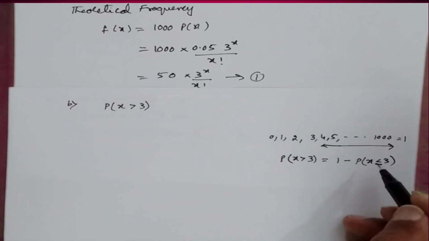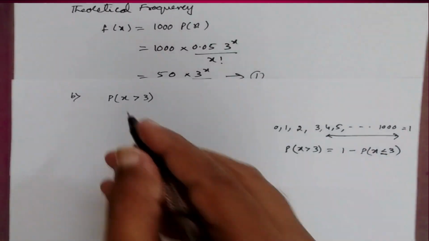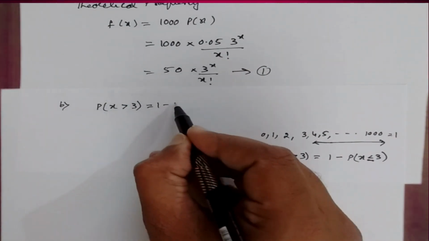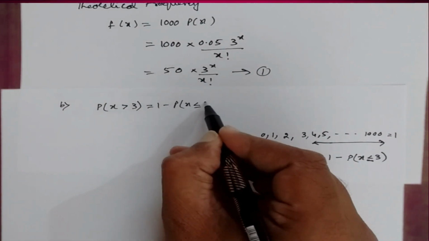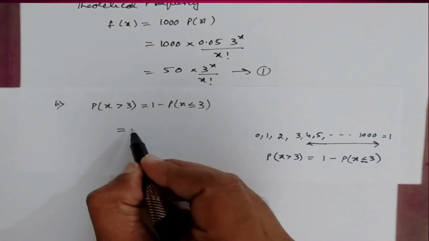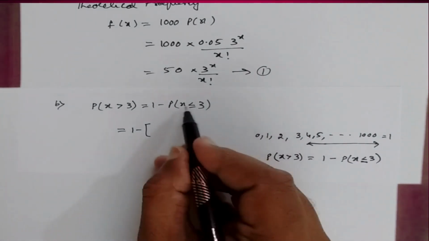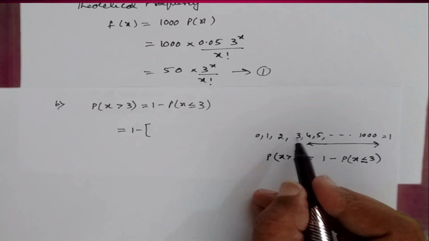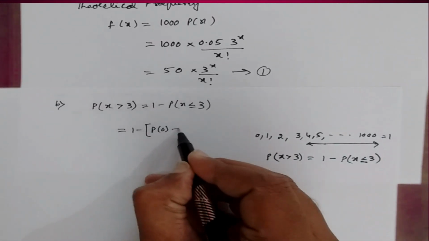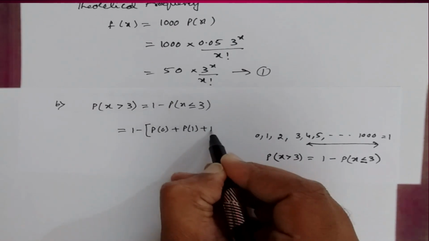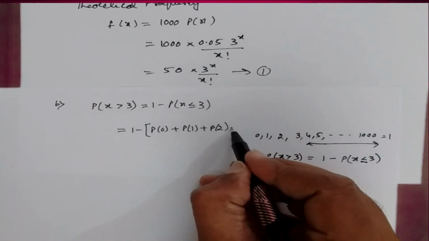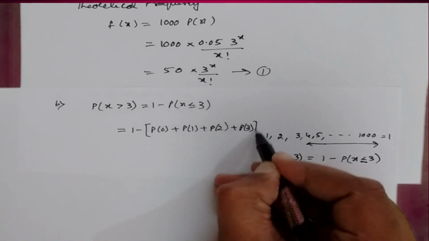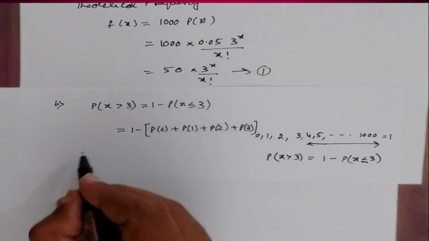So you can write 1 minus probability of x less than or equal to 3, which will be 1 minus p of 0 plus p of 1 plus p of 2 plus p of 3, since 0, 1, 2 and 3 are included. We'll calculate all these values.